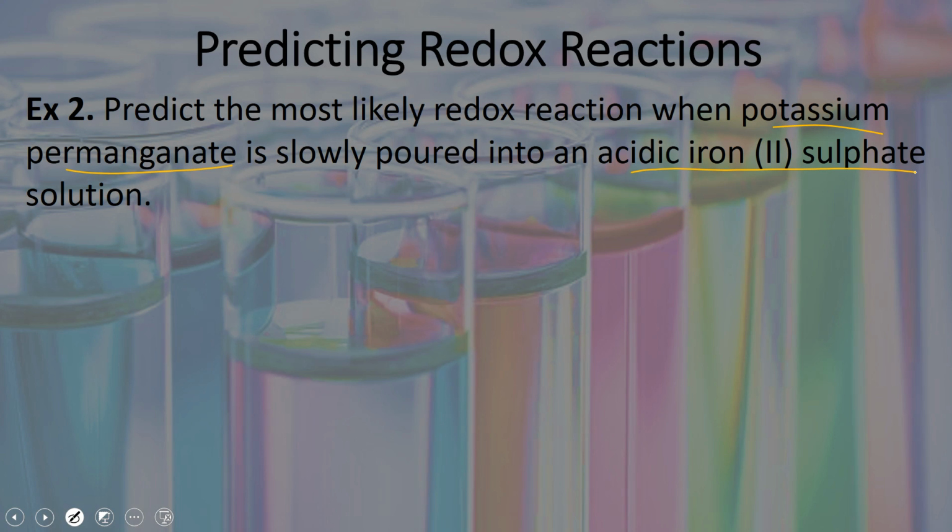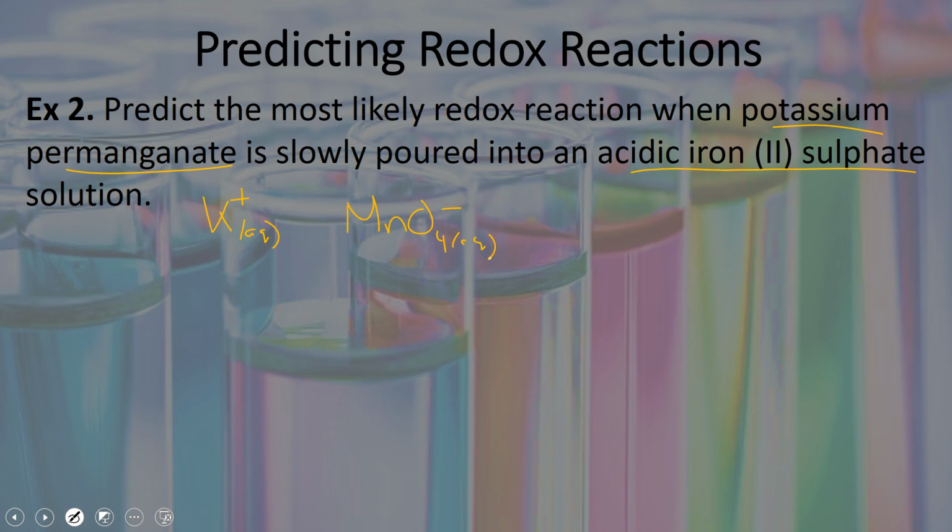is going to be to write everything out. So potassium permanganate, that's aqueous, so it would break apart into its ions. So potassium, K+, aqueous. Permanganate is the MnO4 negative aqueous ion. Is slowly poured into acidic.